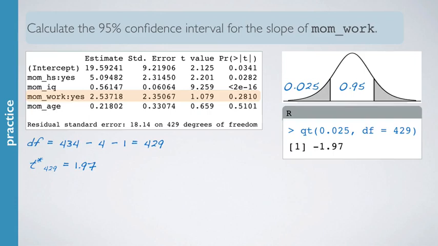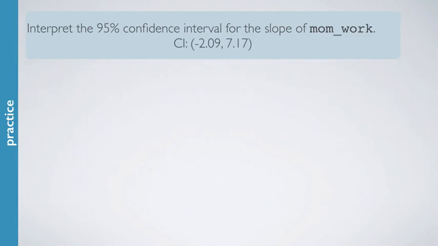So to finalize our calculations, we start with our point estimate, roughly 2.54, plus or minus 1.97 for the t-score, times roughly 2.35 for the standard error. That gives us a confidence interval of negative 2.09 to positive 7.17. And how do we interpret this interval?